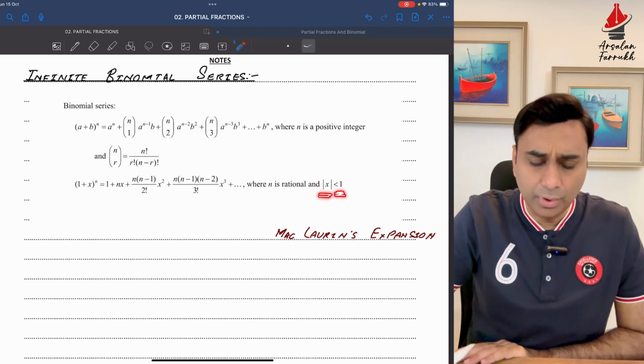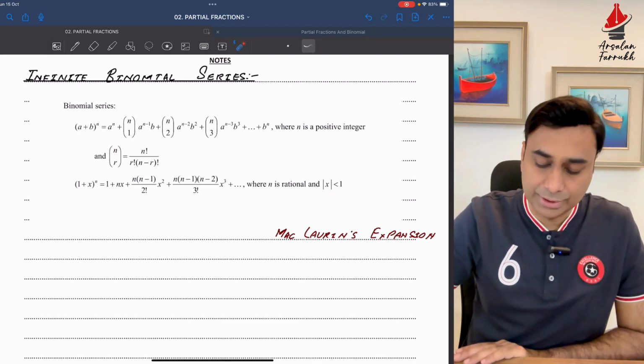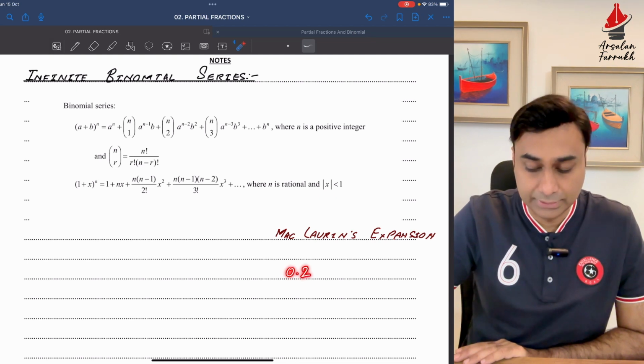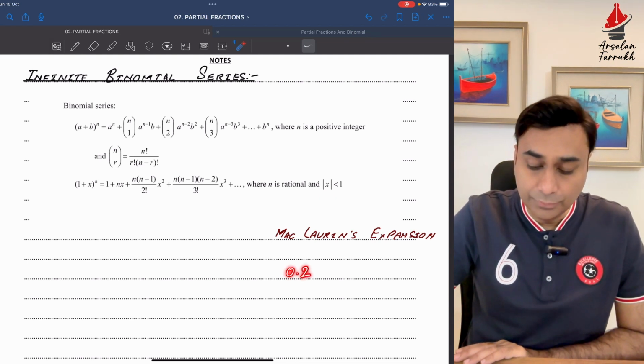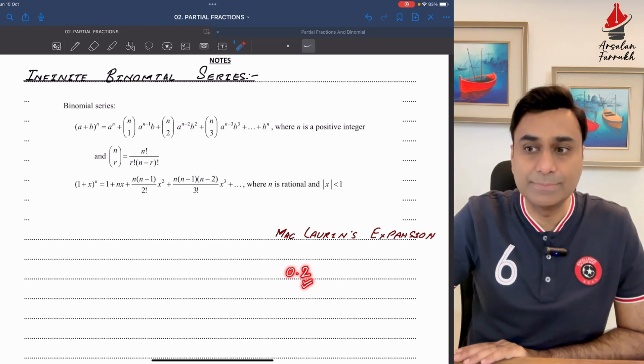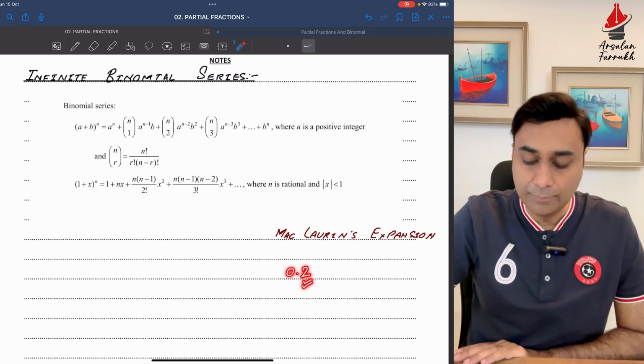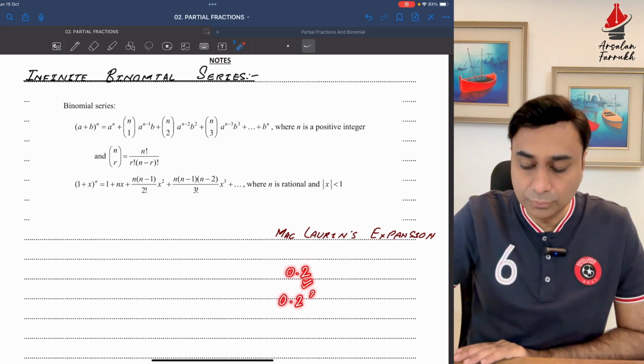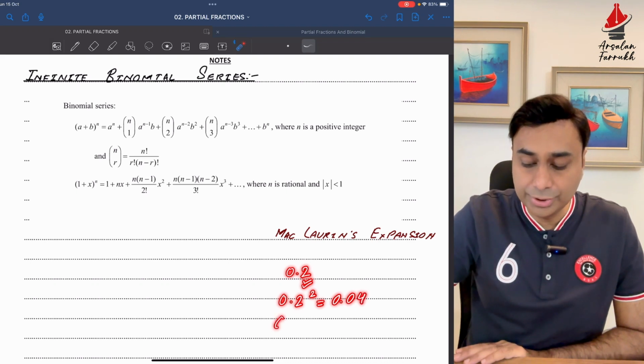Which means, for example, if you have x which is 0.2, its absolute value is less than 1, then you would know that as you keep on raising it to higher powers, it will keep on becoming smaller and smaller. For instance, 0.2 to the power 2 would be equal to 0.04. That's a smaller value. Or 0.2 to the power 3 is going to be 0.008.